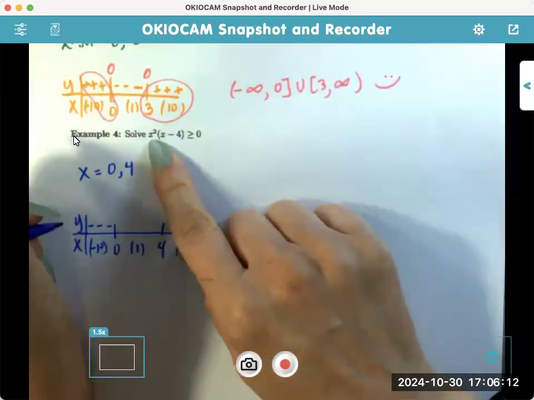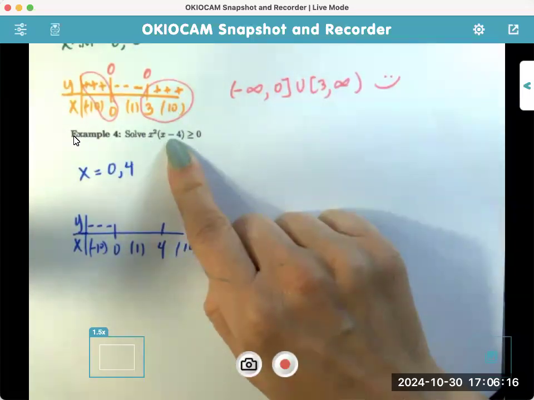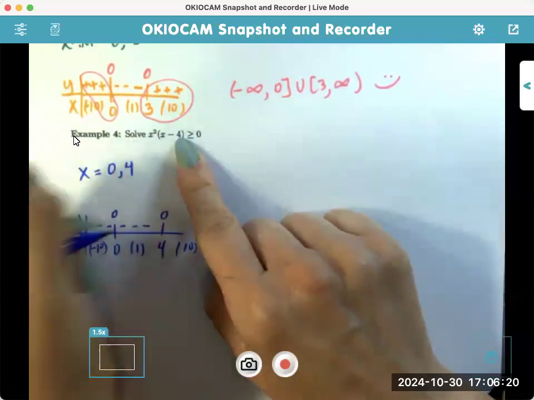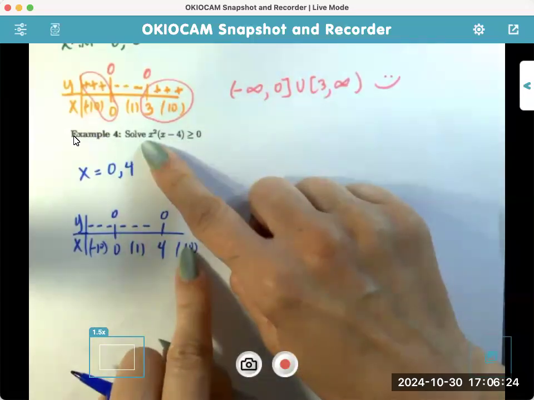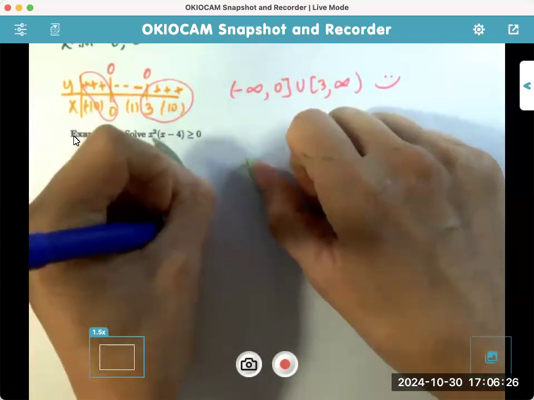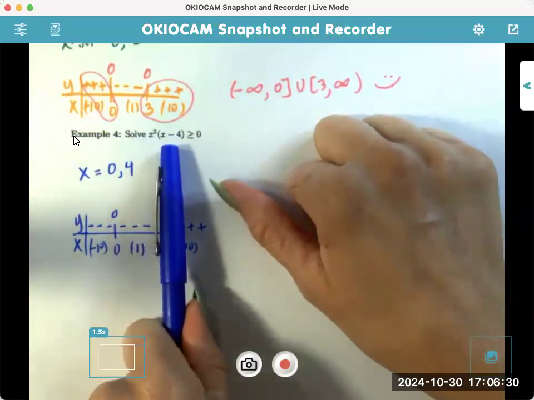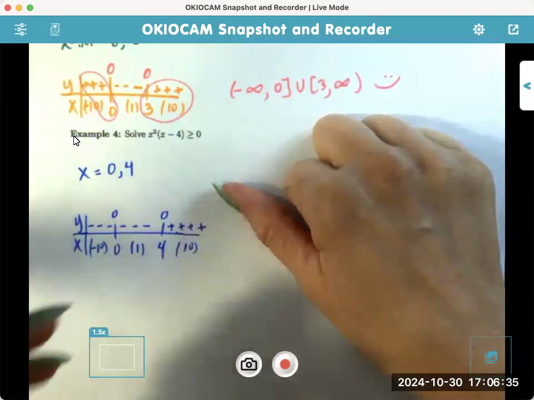Now if we pop in 1, 1 times a negative is also negative. These are zeros, so let me mark them as such. If I choose +10, that's a positive times a positive, which is a positive.